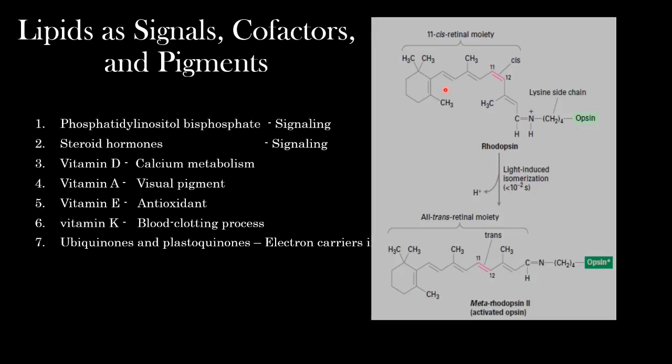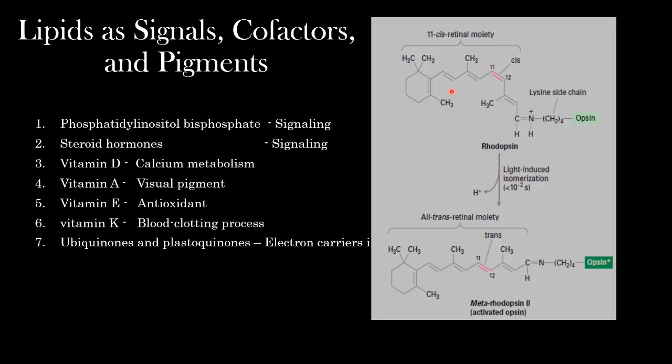Next is vitamin A. When light falls on vitamin A or retinal, it changes its conformation, and this conformation change sends out signals to the brain for our vision. Also, vitamin A or retinoic acid is important in embryo development.